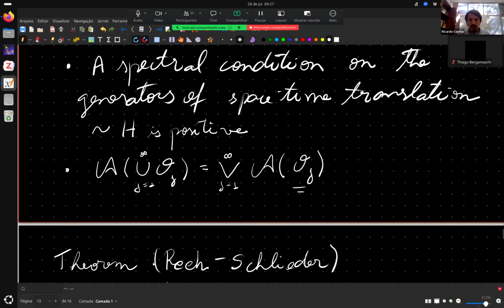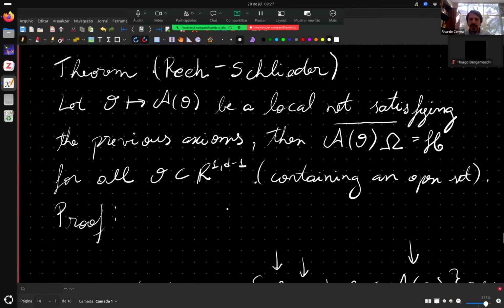Here, I'm saying something much stronger. I'm saying that for any region O, not only the whole Minkowski space, this is also true, which is very counterintuitive. Allow me to make an anecdote to stress how significant the result is.